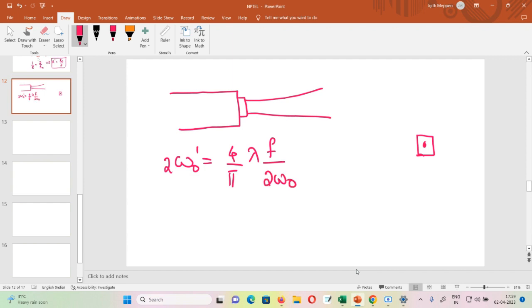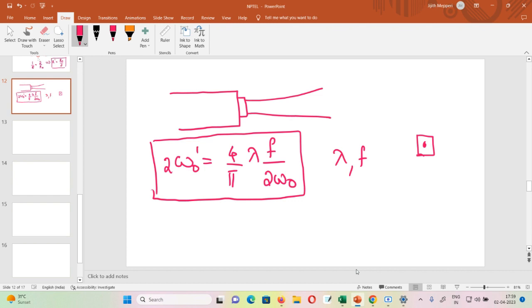This 2ω0' will be the spot size, and it actually depends on three parameters. One is the wavelength of the light λ, another is the focal length of the lens f, and another is the beam waist of the incident beam ω0.